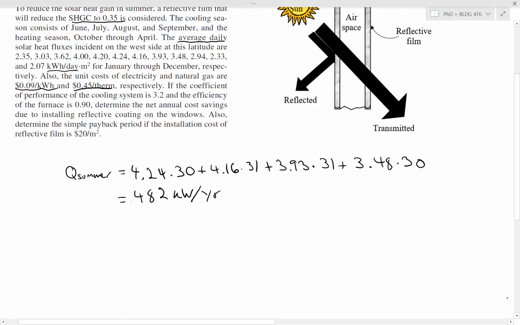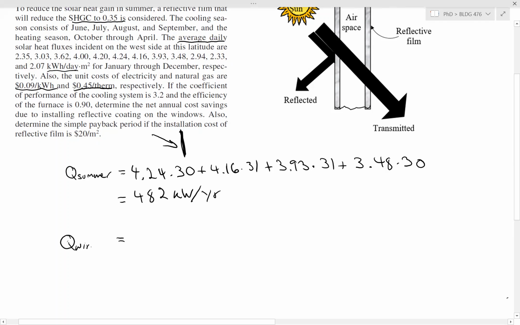Keeping in mind that this is specifically what's just due to the solar. This is the power that's just due to the solar. So this isn't the energy use of the building. This is just how much energy is hitting the window. We haven't gotten inside the window yet.